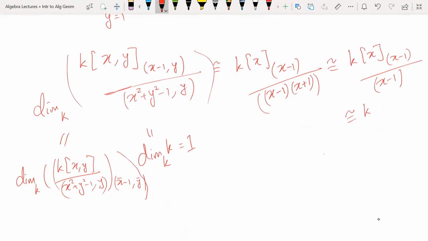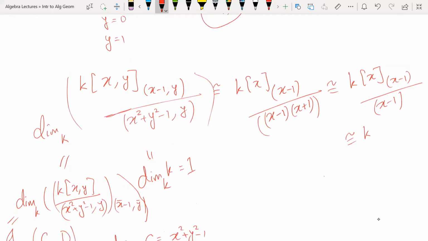Okay, so this is the intersection multiplicity. You can call this the intersection multiplicity of the point (1, 0) of C, D, where C is given by x² + y² - 1 and D is given by y.